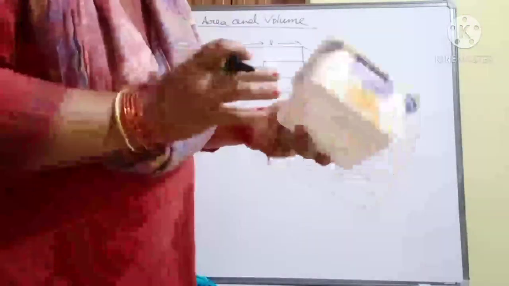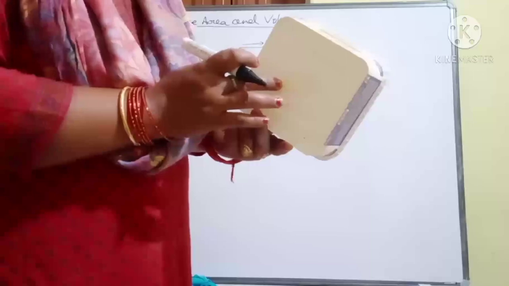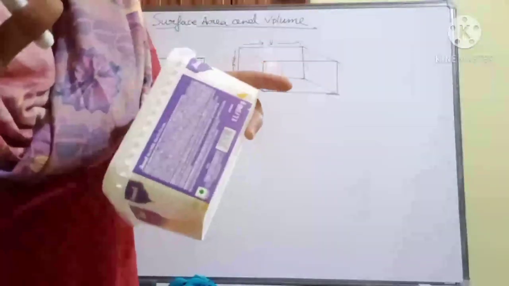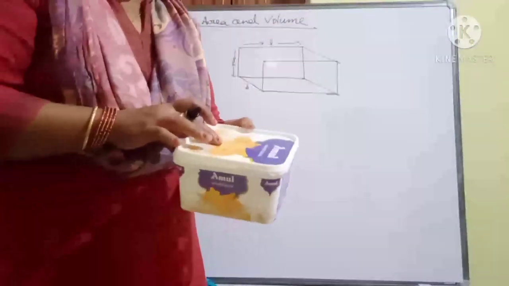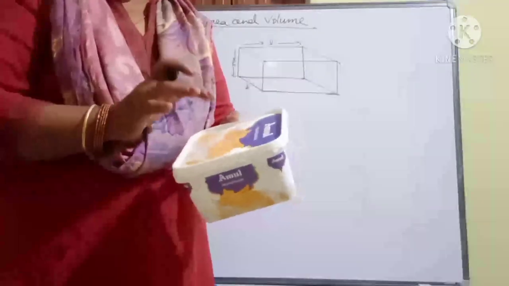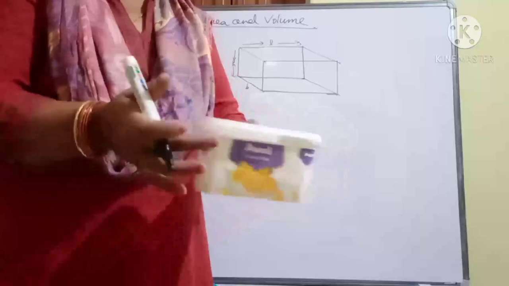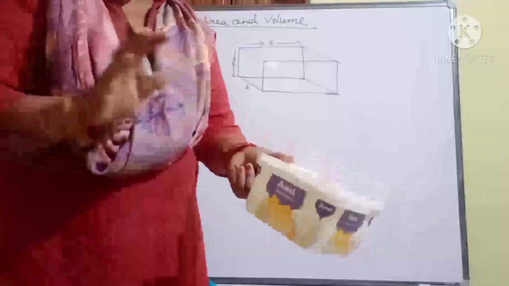Okay, 4 sides in the base. How many sides are there? 8, 9, 10, 11 and 12. 12 sides. How many faces will be there in cube and cuboid? 6 faces. 1, 2, 3, 4, 5 and 6. You can also count them.